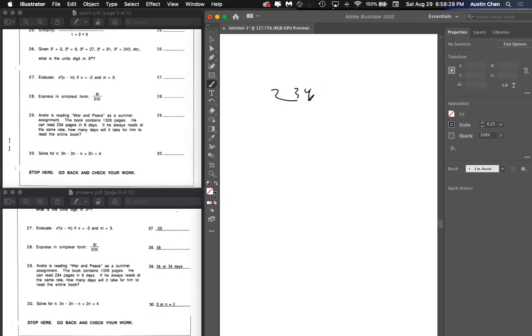So we have a ratio of 234 pages per 6 days. We can divide by 6 to figure out the number of pages he reads in each day. So if we first divide that by 2, that's going to be 117.